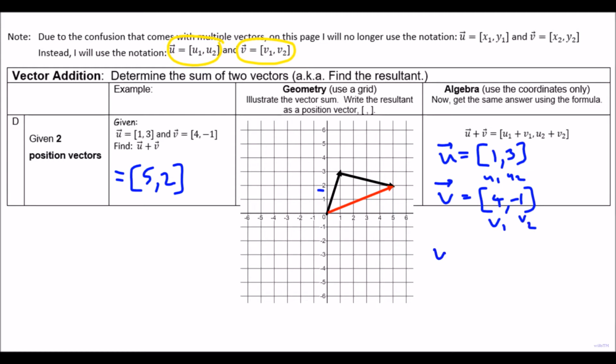So I know u plus v is equal to u1 plus v1, so it's going to be 1 plus 4, comma, u2 plus v2, so it's going to be 3 plus negative 1. So here I get 5, 2. So the same as I would geometrically, just by adding up the first coordinates and second coordinates, and I get that position vector there.